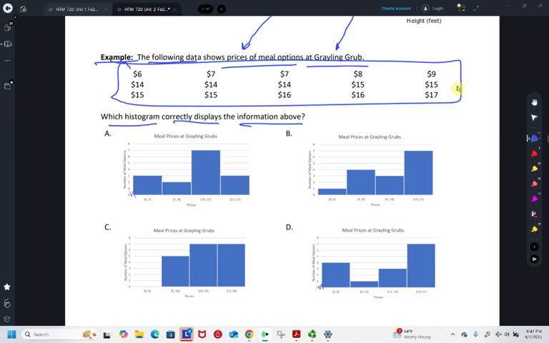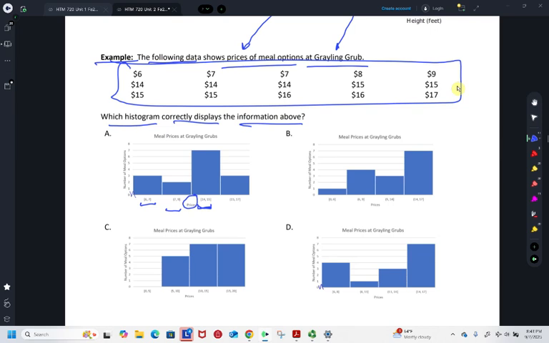Here are a couple of notes about an ideal histogram. Most times it's not perfectly reflecting all of these characteristics we're about to talk about, but a greater proportion of the time, we want a histogram that reflects many of these characteristics, if not all. In this case, we have 6 to 7, 7 to 9, then there's a jump to 14 to 15.